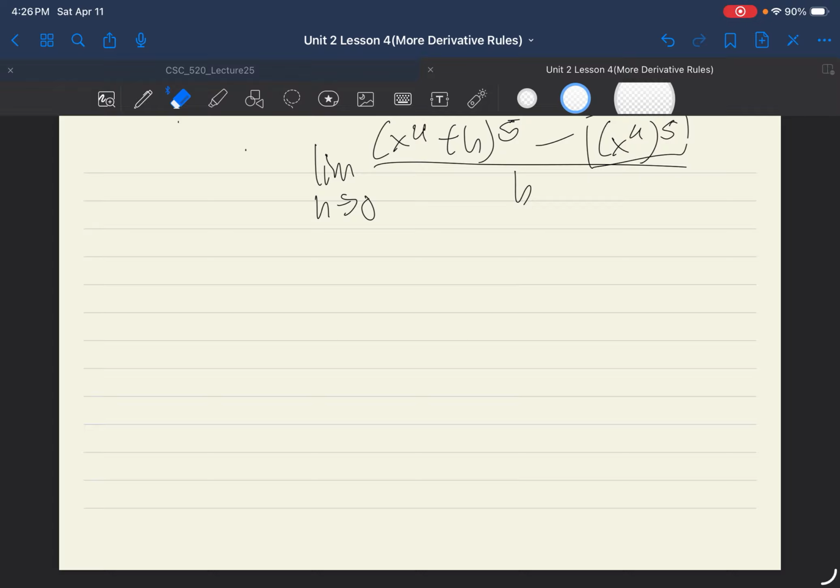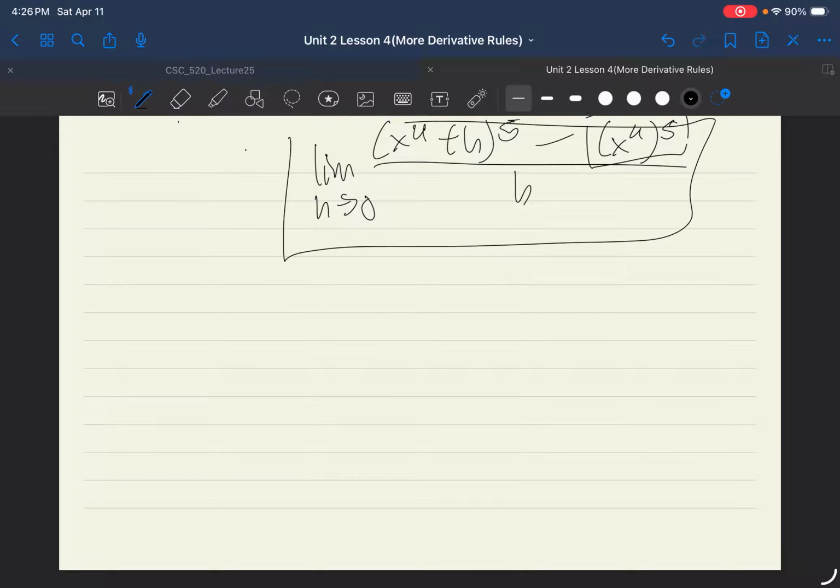Again, they'll give you tables, they'll give you graphs, they'll give you a lot of different methods, and they'll try to trick you. They'll try to make you think it's not the derivative, but just stick to what you know.